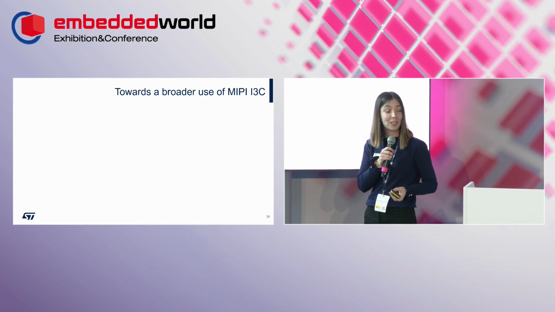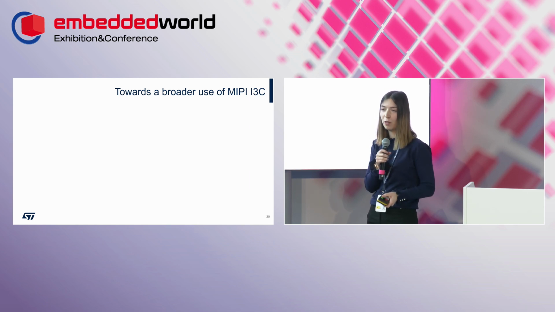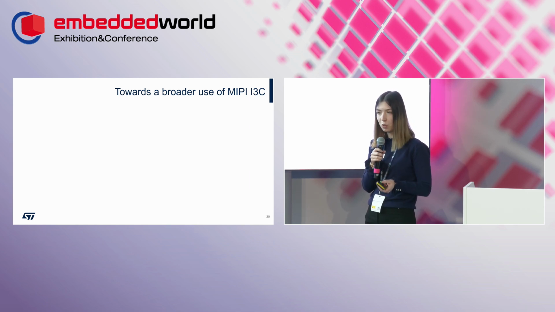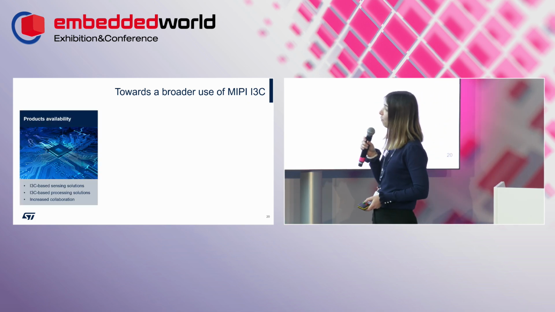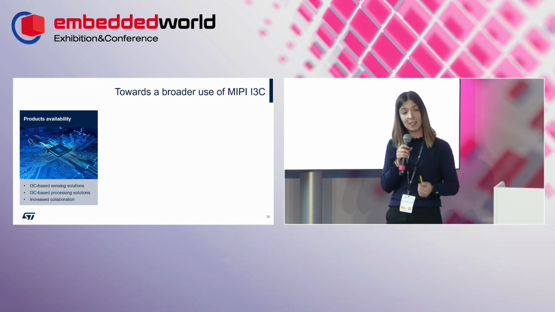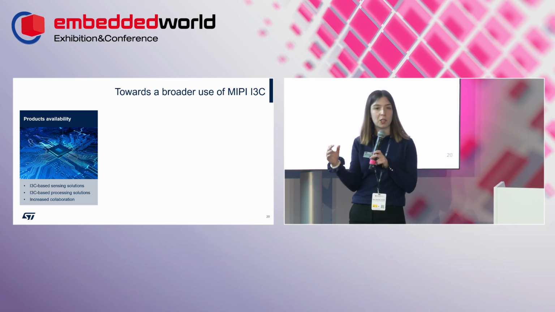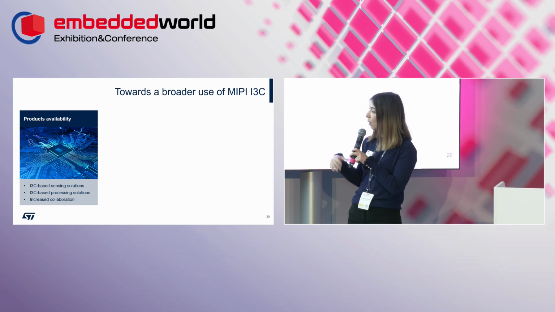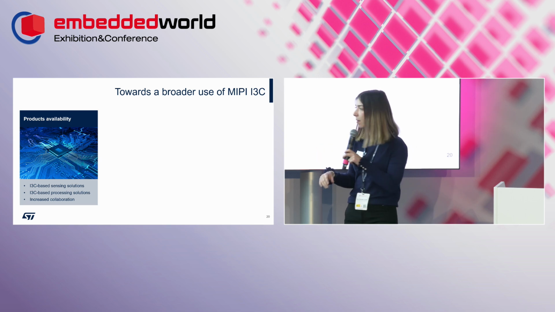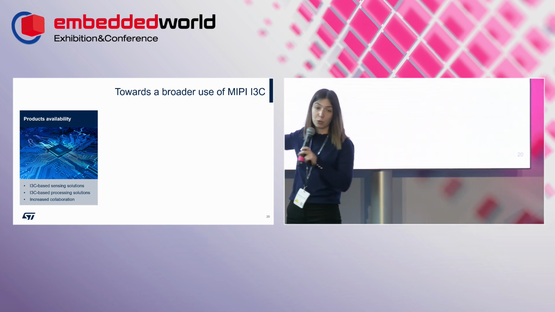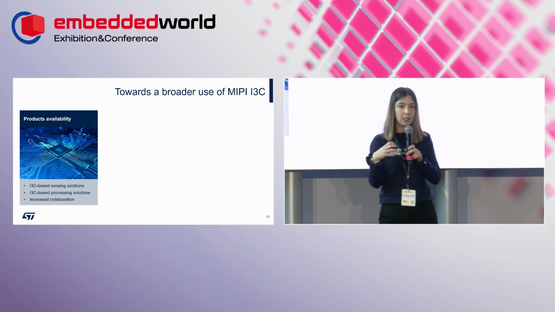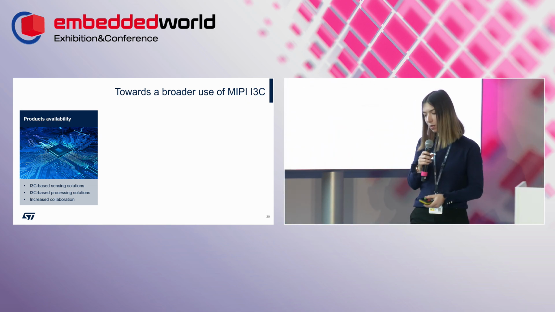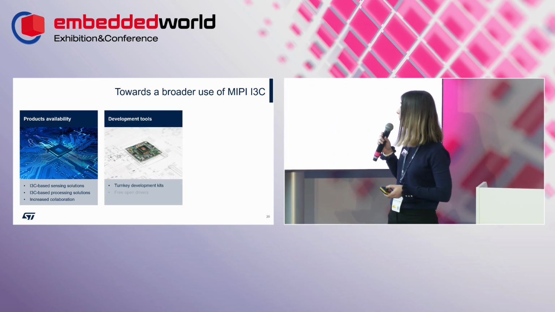So we have nice use cases, sensors, and microcontrollers. Now, to enable people to use MIPI I3C, what do we miss more? How to enable its democratization in the coming years? A first point is product availability. I was mentioning the very first image sensor release with I3C. More and more will come and must come. On the processor side, we also need more solutions to be equipped with I3C, and we need increased collaboration between the different component manufacturers.